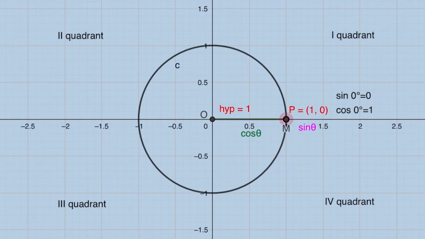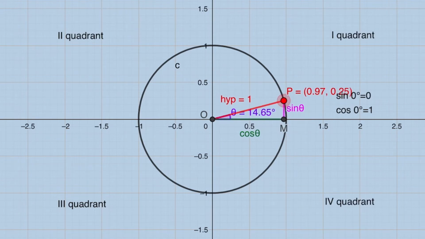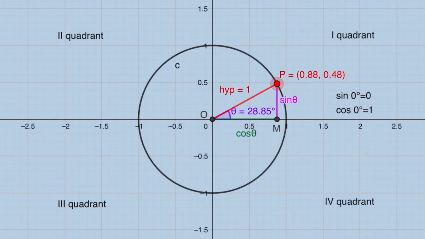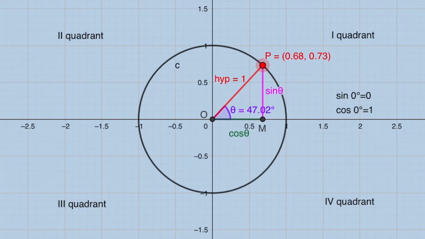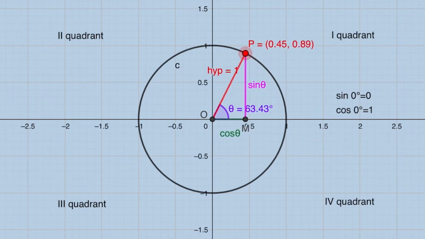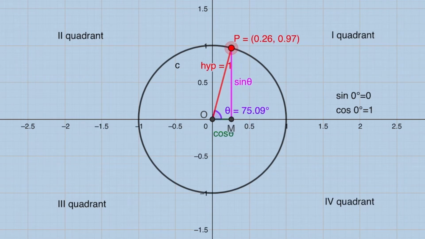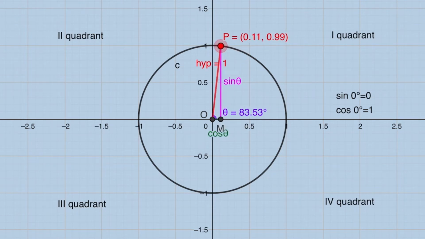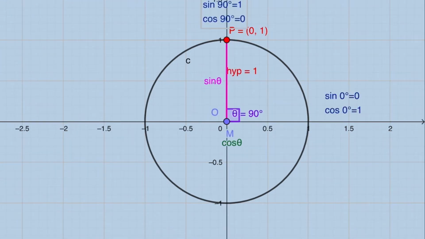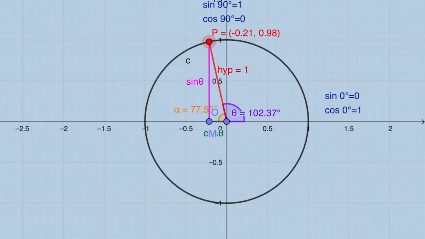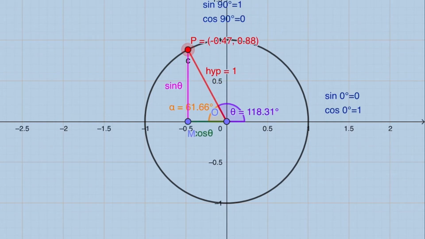Now, in the first quadrant, as P moves along the unit circle, sin theta value increases, the opposite side increases, and the adjacent side decreases. So, cos theta decreases in the first quadrant. And when theta becomes 90 degrees, the adjacent side cos theta becomes 0, therefore, cos 90 is 0 and sin 90 becomes 1. If theta is in the second quadrant, look at P coordinates.